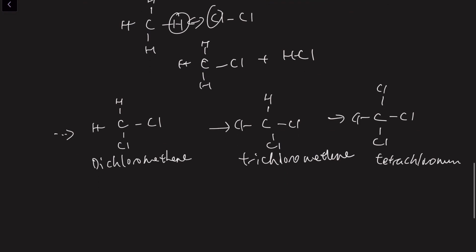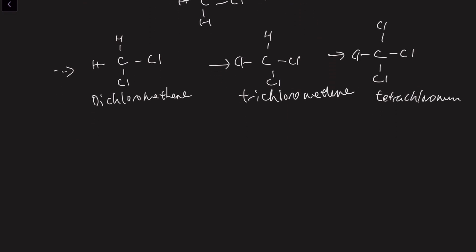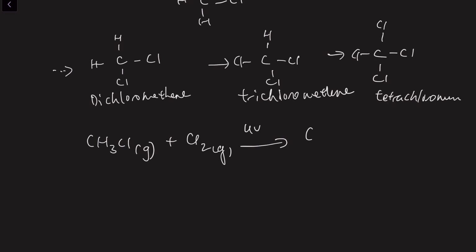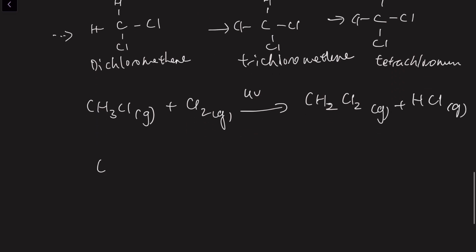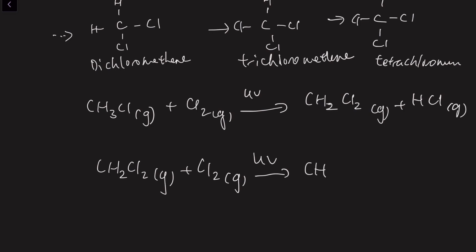And the chemical equation looks something like this. So you have CH3Cl gas combined with chlorine gas. With UV catalyst, you get CH2Cl2 plus HCl. And then you continue going with this. You use dichloromethane and mix it with chlorine gas to get trichloromethane and HCl.